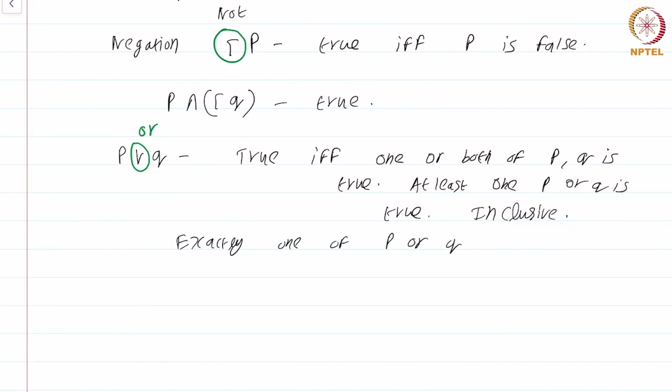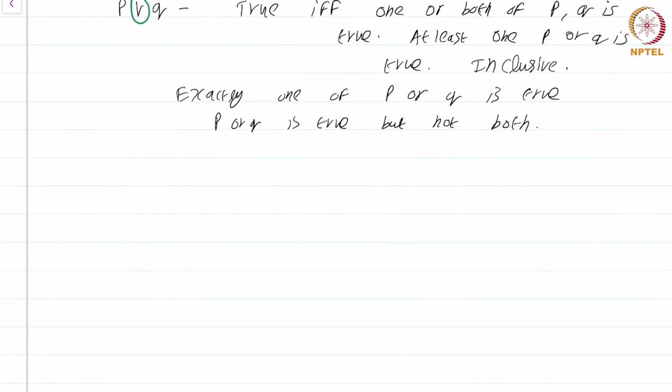We'll say P or Q is true but not both. So we will be explicit when we want to suggest that we are using the exclusive OR.